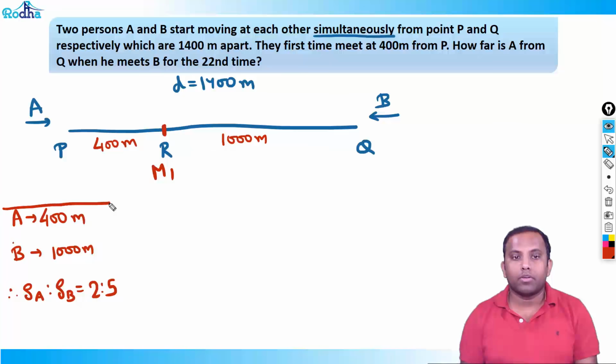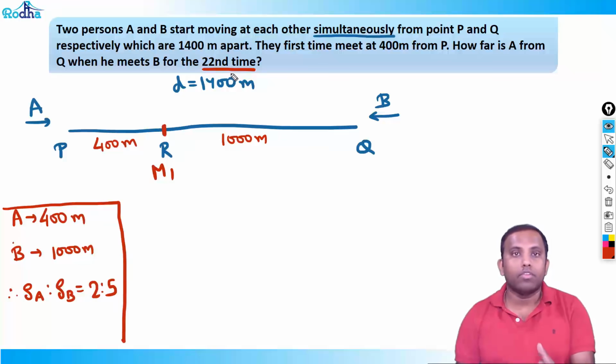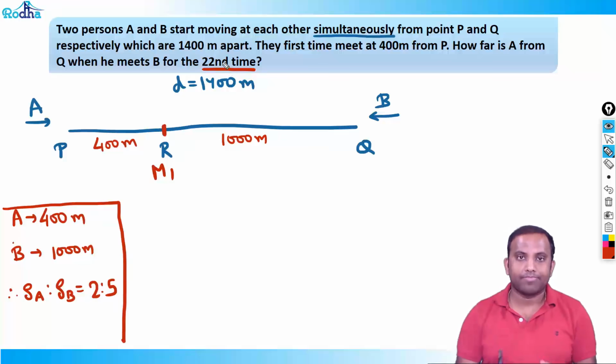Now move to the second part. In the second part, they have tried to find the 22nd meeting, right? So we just saw this concept. Here they are meeting the 22nd time. For the 22nd time, what is the total distance traveled?